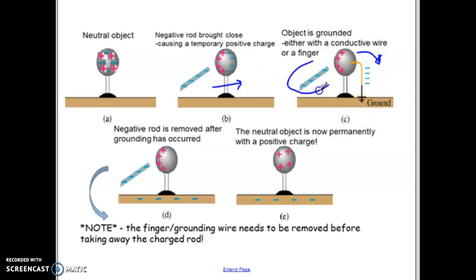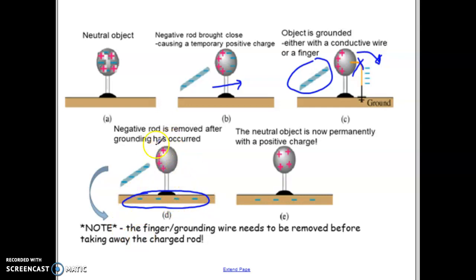This negative rod is repelling electrons to basically leave the sphere and go into the ground. After you remove this grounding wire, notice they're showing you here the electrons have moved out of this sphere into the ground.